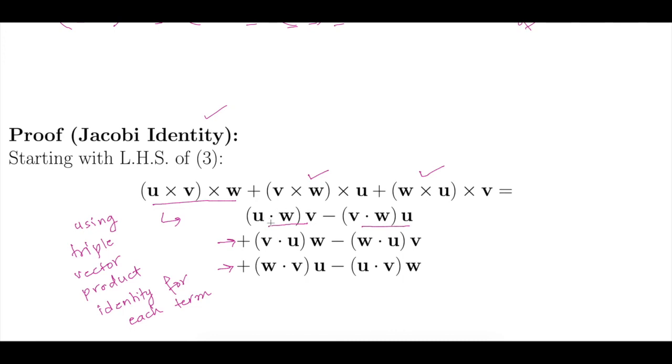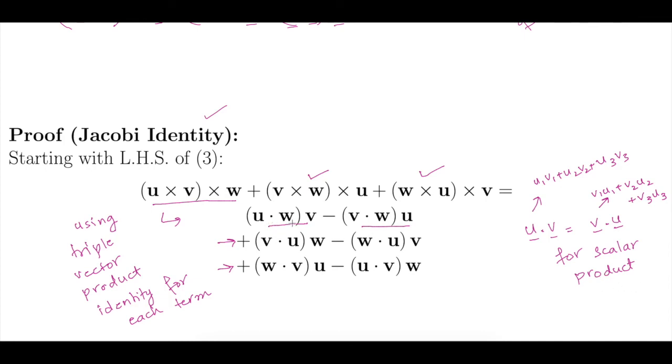Now, we can say that u dot v is equal to v dot u, right? For scalar products, we know this, because this is equal to u1 v1 plus u2 v2 plus u3 v3, and this is equal to v1 u1 plus v2 u2 plus v3 u3, and multiplication is commutative, so that's why they are similar.